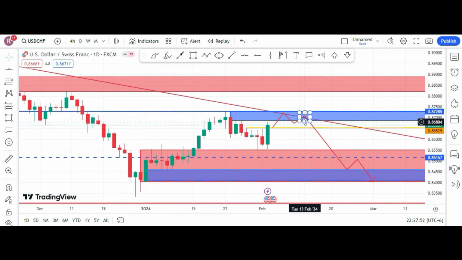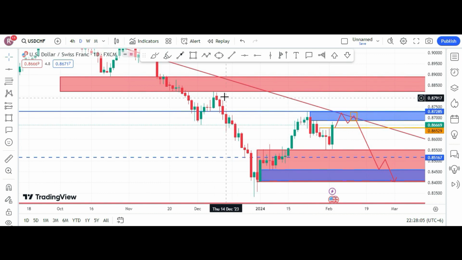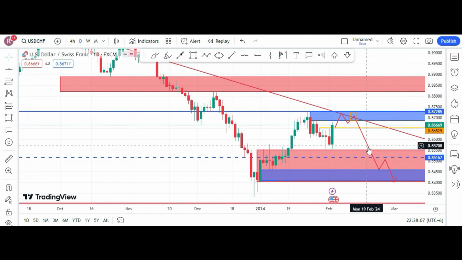And then maybe it will take out all this liquidity imbalance, then it will move down. However, if it breaks this out, I don't think the monthly trend line will be broken. As far as the market structure is concerned, it needs to take out all this imbalance.